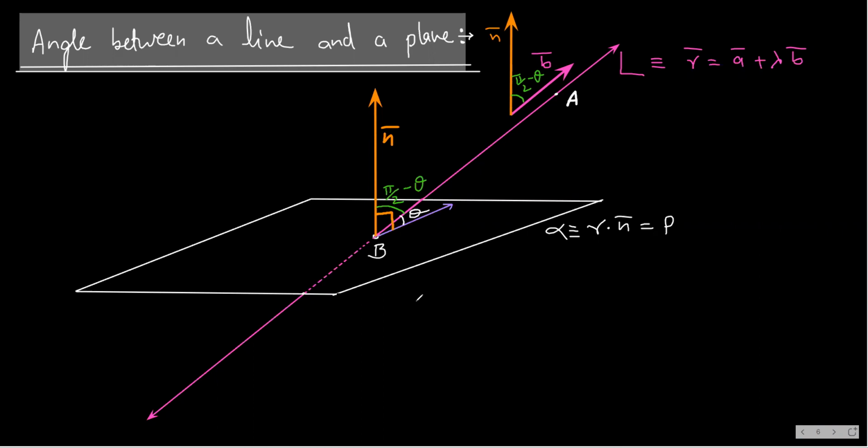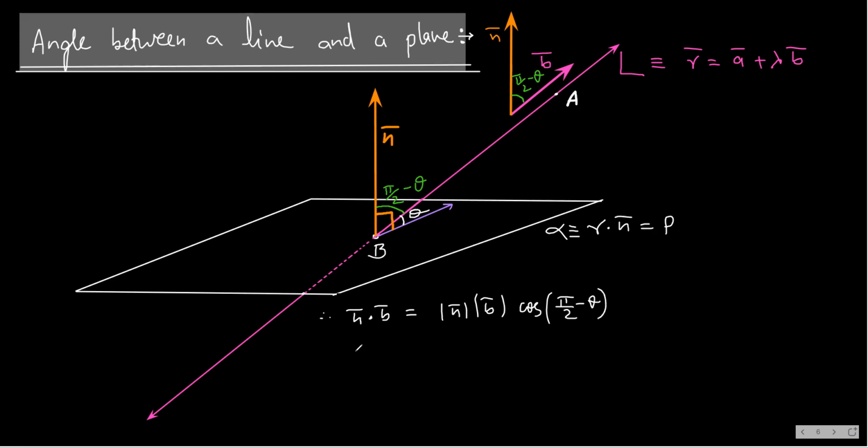So see here what I will write. Therefore, I begin with n bar dot b bar is equal to mod n bar into mod of b bar into cos of the angle between them. What is the angle between them? Pi by 2 minus theta. I'm taking the dot product of n bar and b bar.